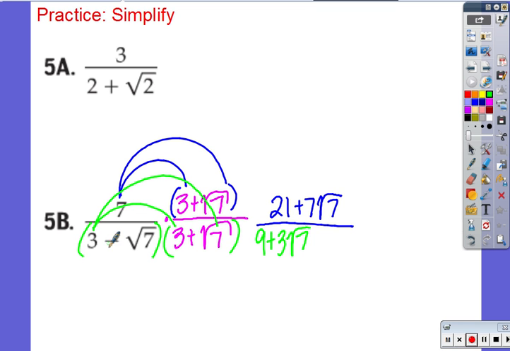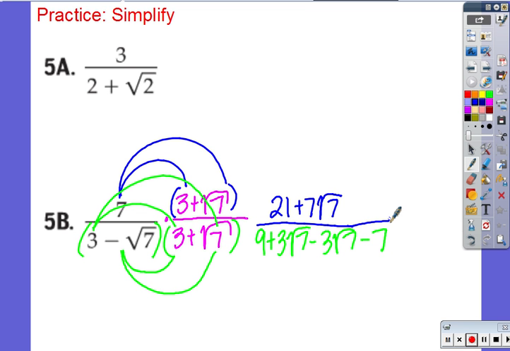Then we have a negative square root of 7 times 3, which is minus 3 root 7. And then finally, negative root 7 times root 7. What is that? They don't cancel out. And if you really need to, you can write minus square root of 49, but that's really just minus 7.